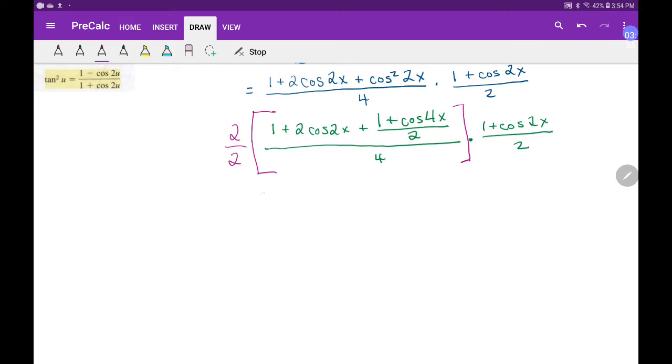Not right now. So we'll say 2 plus 4 cosine 2x plus 1. Oh, I could have simplified that. Maybe I will. Well, no, let's keep it clean. Over 8 times 1 plus, multiplication is not distributable over multiplication, so I don't have to do that part.